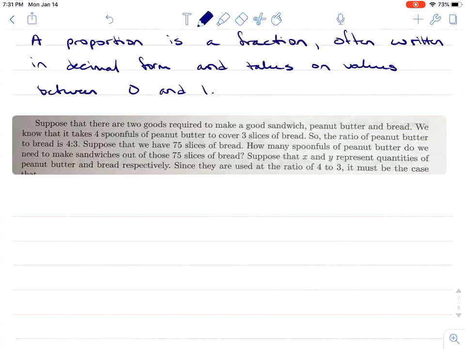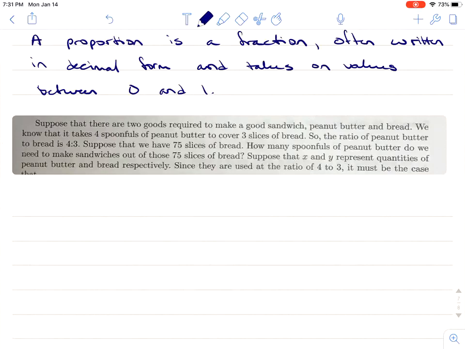Maybe a tasty sandwich instead. Peanut butter and bread. I'd argue for jam. We know that it takes 4 spoonfuls of peanut butter to cover 3 slices of bread. Right, so now we've got this ratio of peanut butter to bread. Okay. So the ratio of peanut butter to bread is 4 to 3.